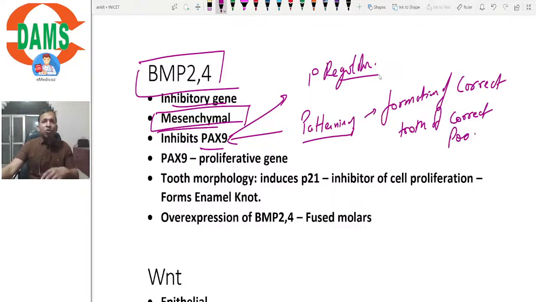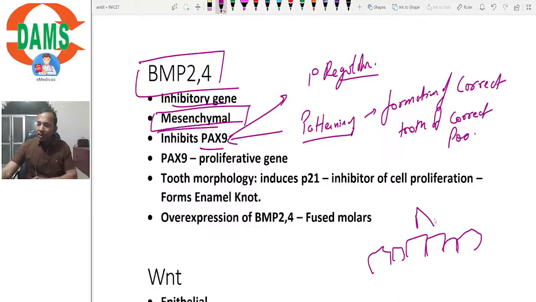So if PAX9 is overexpressed, you will have supernumerary teeth, and that's where BMP2 and 4 are helpful, right? So let's say these are the incisors, right? And then you have canine. So you can say these are the dentate region, that is tooth bearing region, and the region between these teeth is the interdental region, isn't it?